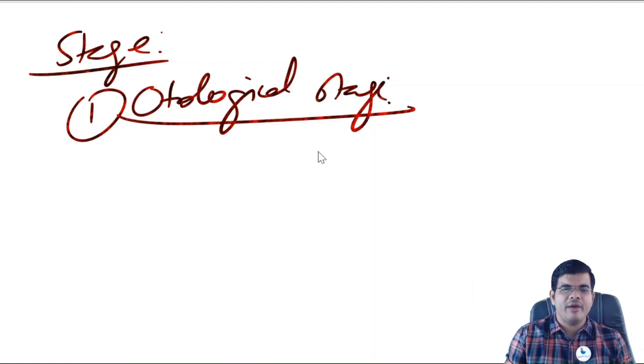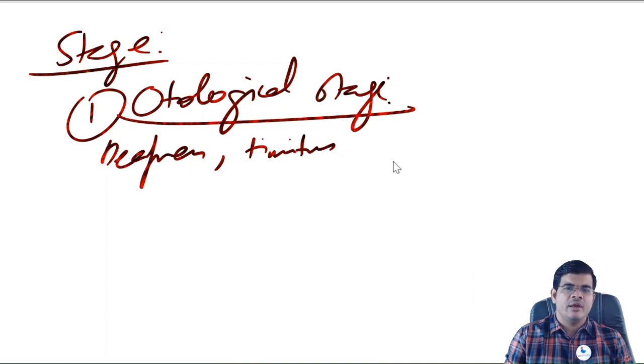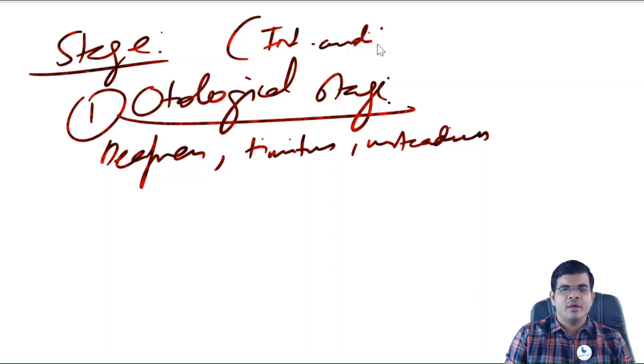So, the patient will be having deafness, tinnitus. Okay, there won't be vertigo because of the compensation, but a mild unsteadiness may be present. Okay, that is what is called the otological stage, and here the tumor is in the internal auditory meatus.